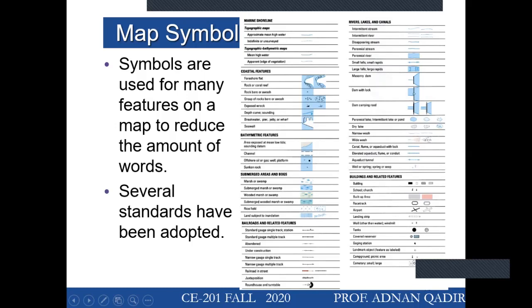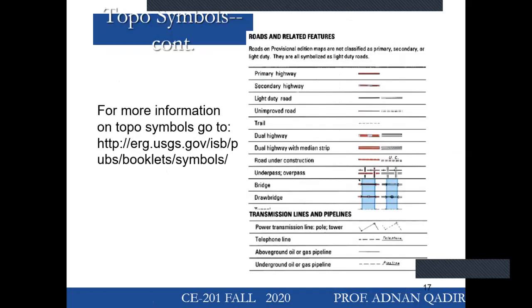A building has a rectangular symbol. Schools and churches have a special design, and mosques have a different design, and generally they are universal. Like the highway, there is a light duty road, an unimproved road, pipelines, telephone lines. Each has its own symbol.